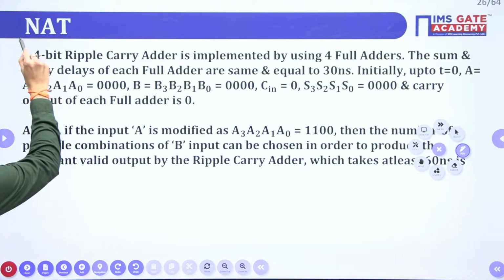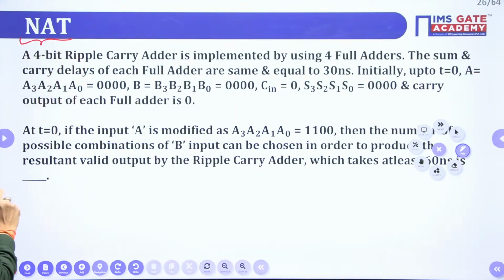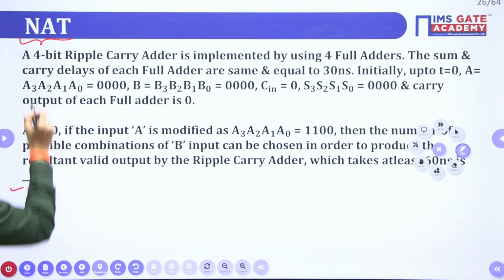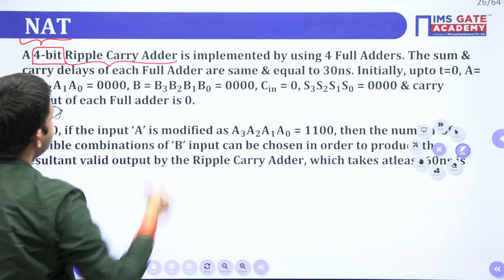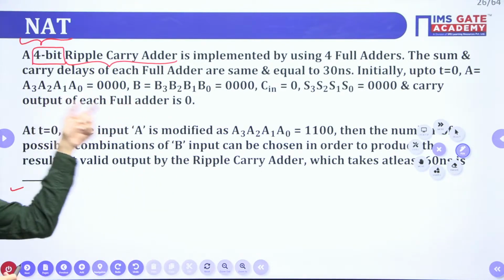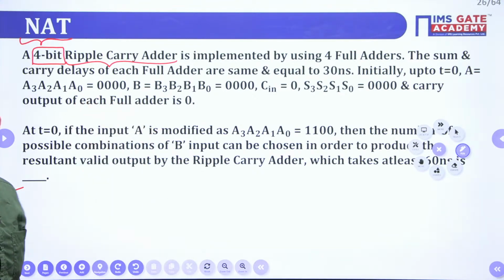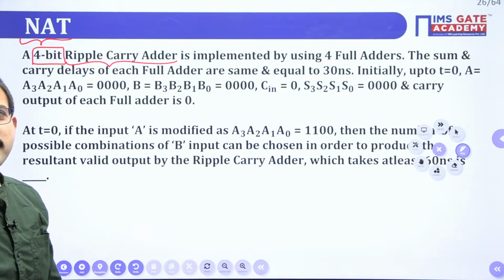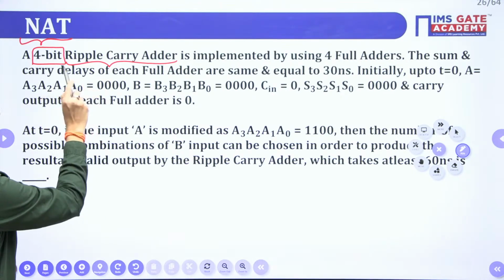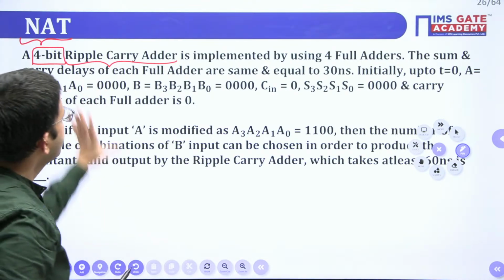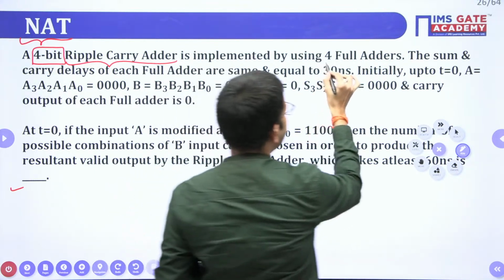Now the next question is a NAT, numerical answer type question. The answer will be a number. This question is based on a 4-bit ripple carry adder. A 4-bit ripple carry adder or 4-bit parallel binary adder, both are the same, is implemented by using 4 full adders.